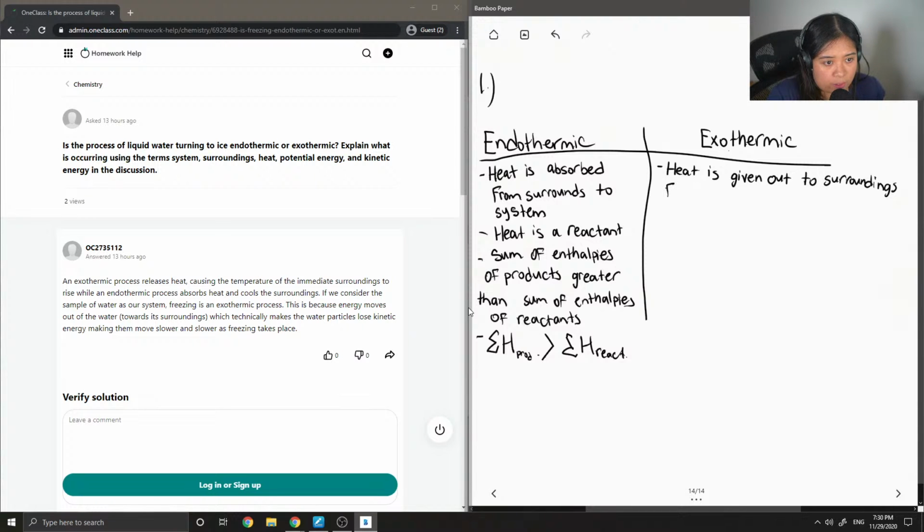And this is from the system. So this is the same thing as saying that heat is a product.